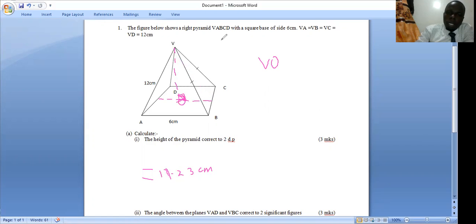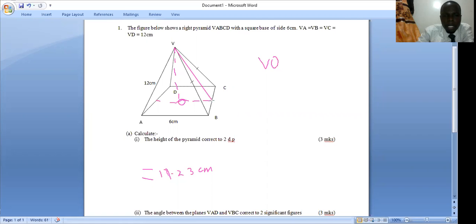Let me start again. So the question wants VAD. Look at VAD, that is at that point there. And then VBC. So you have to draw a line here to bisect the center. Once you bisect the center, that angle must also coincide with the point where it's attaching.